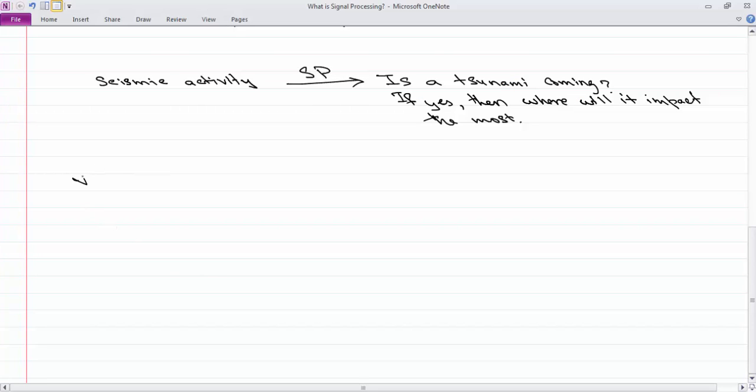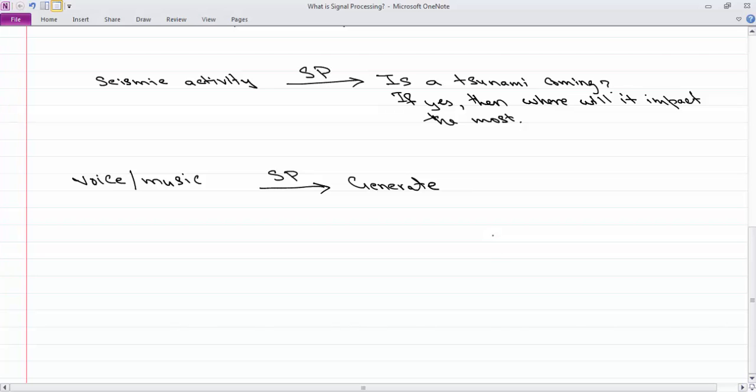Now, the other type we talked about is voice or music. Again, signal processing can be used to generate. So the first example is you're trying to extract information. The other example is you could manipulate the signal to produce desired outcome.